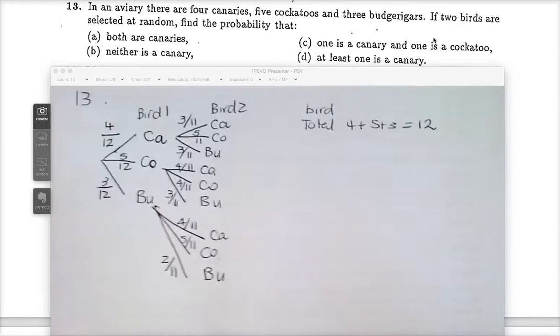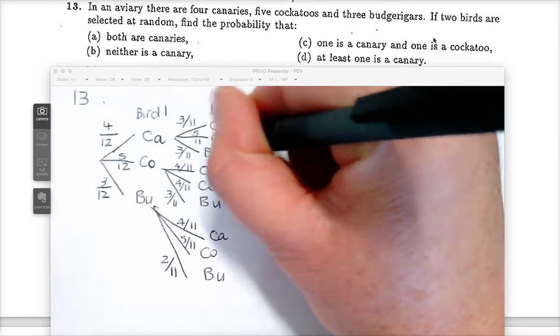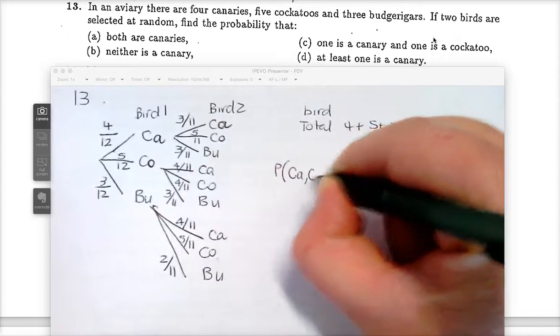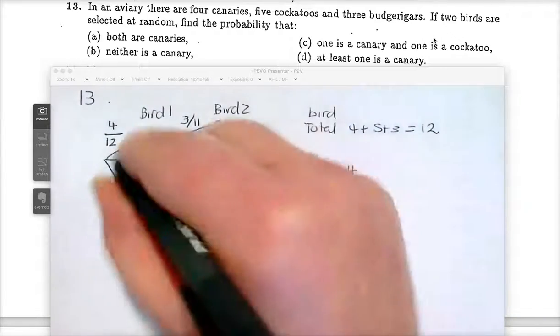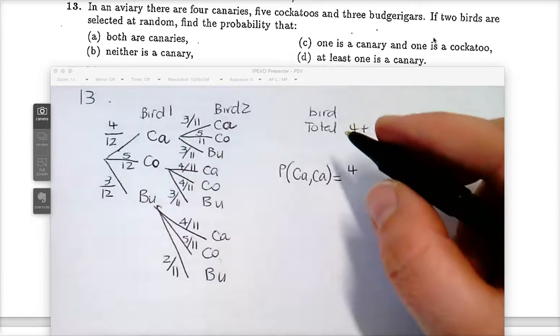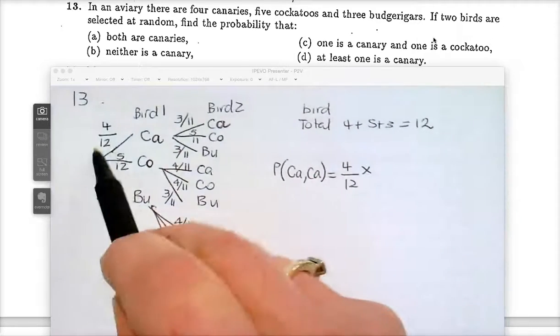All right, girls. Cockatoo and canary have C-O-C-A. I'm putting the A first. So probability of canary. No, it's 4. You go along the branch. No, we've got 4 out of 12 times CACA.